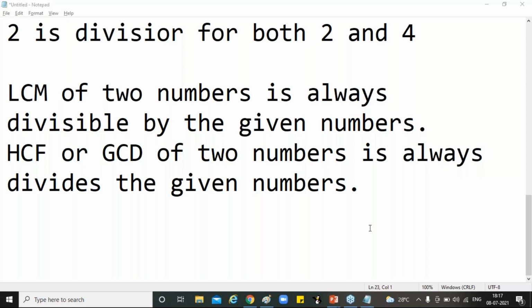So write down the first example. I don't want to explain more basic examples, but I will show how to find LCM and GCD. Please revise. Many of you know how to find the LCM, but many of you forgot about the GCD.